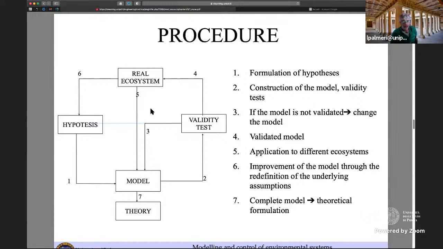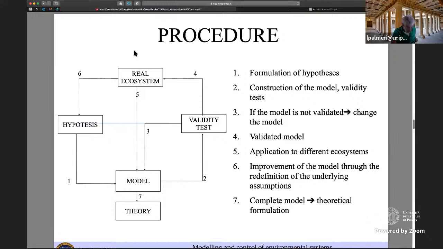So we go back to the initial formulation of the hypothesis. From the application to real systems, we have the opportunity to realize that the model needs to be improved. So we go back to the task of model construction, and we do the validation test again, and so on.